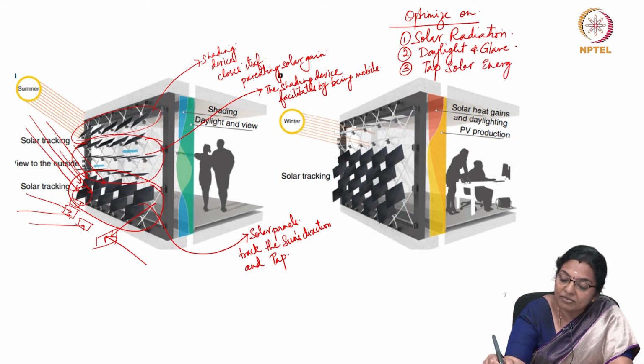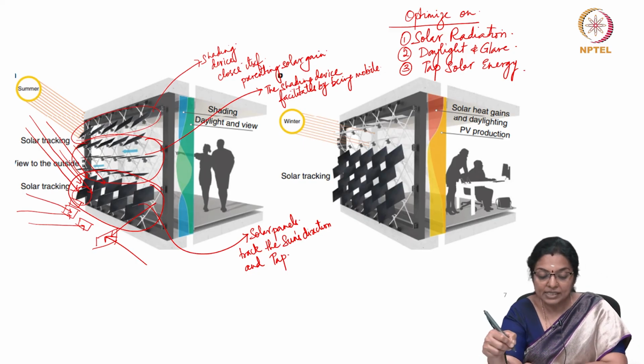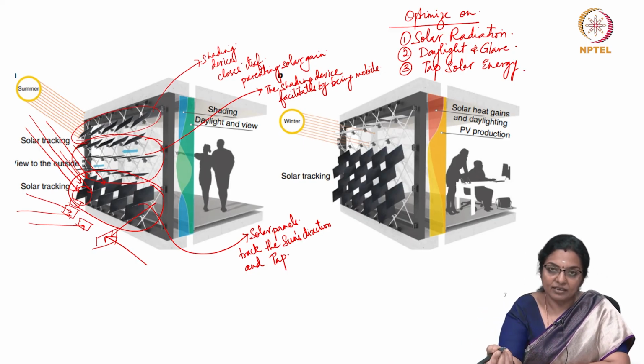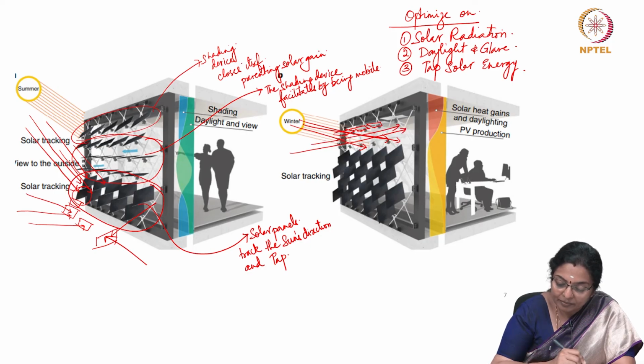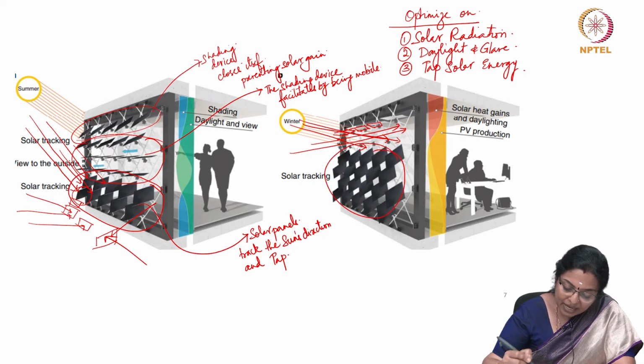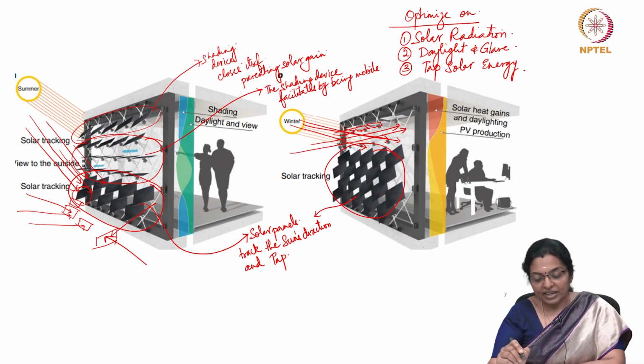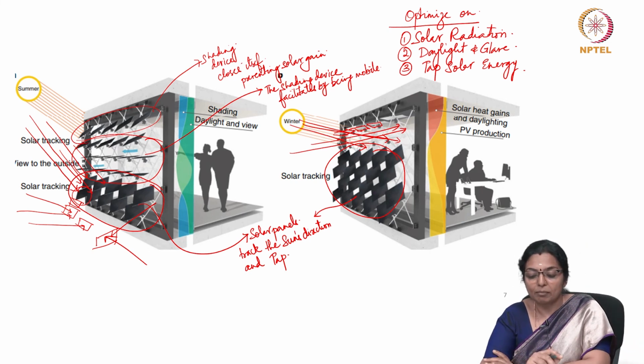So, a dynamic facade can do all of these, and in the winter you can position your openings such that you allow the winter sun to get inside. You allow daylighting to enter inside, and you can also position the panels so that it tracks the sun's direction and taps it to the maximum possible.